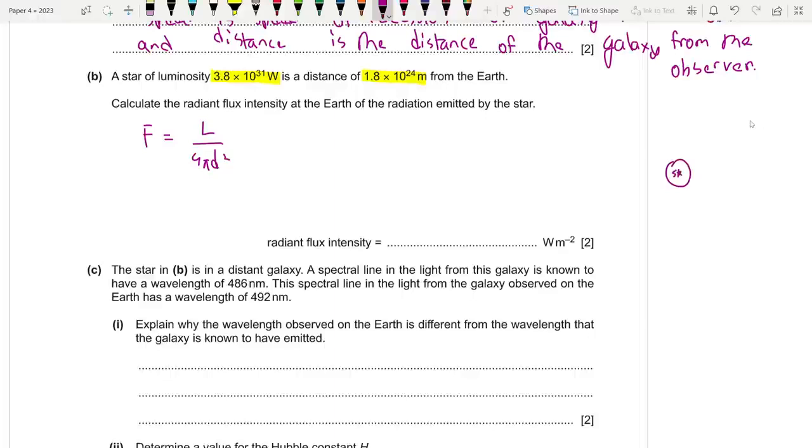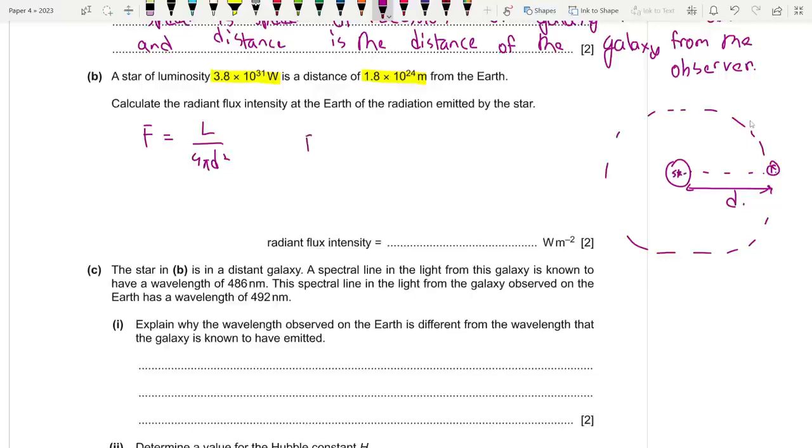So this can be the star and the Earth is over here. The luminosity is spread out in three-dimensional space, like a sphere. So this is the radius of the sphere, and since it's three-dimensional, we take the total surface area of the sphere, which is 4 pi r squared, and here the radius happens to be the distance between them, right?